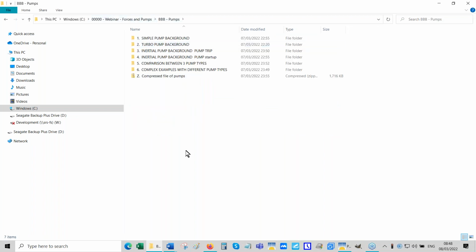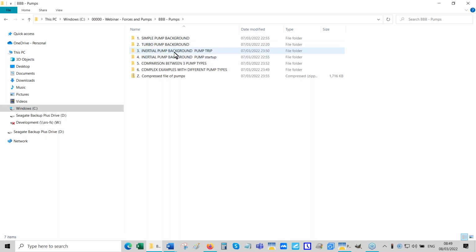That's the second big topic. And as you know, there are 3 pump types in PIPENET. There's a simple pump, the turbo pump. These are actually the oldest models in PIPENET. We've had simple pump and the turbo pump for the last 25 years in PIPENET. And this is a more recent addition, simply because it's a dynamic pump, but it needs less data than the turbo pump.